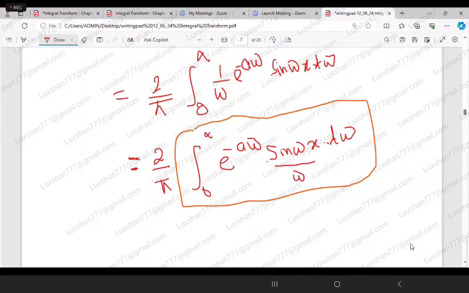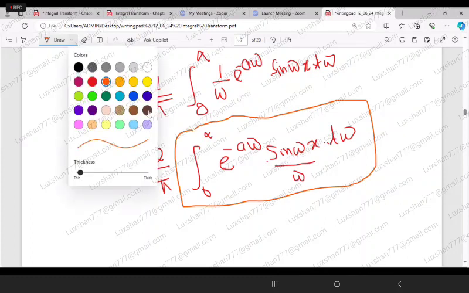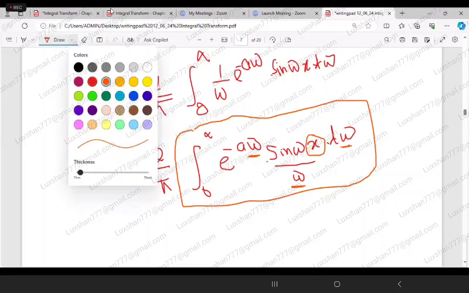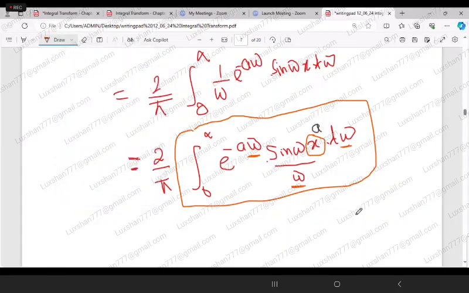Here our variable is, actually, our variable is omega. Our a here is x. This is our a. Look at carefully. This is our a. Okay. This is our t.